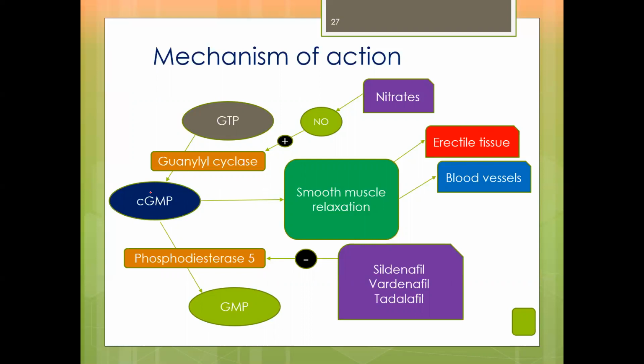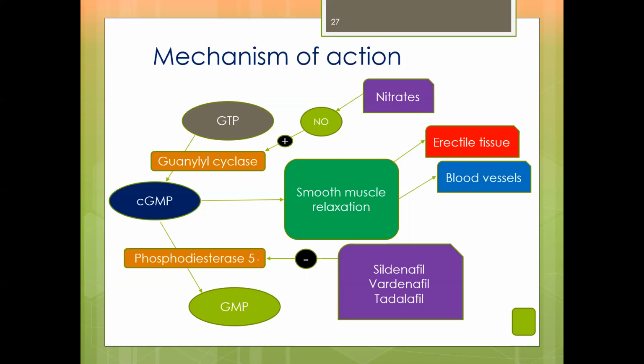And cGMP will be converted by PDE5 into GMP. So from cGMP to GMP by PDE5. So this will be blocked by giving sildenafil, vardenafil and tadalafil. Okay, the PDE5 inhibitors, phosphodiesterase 5 inhibitors.